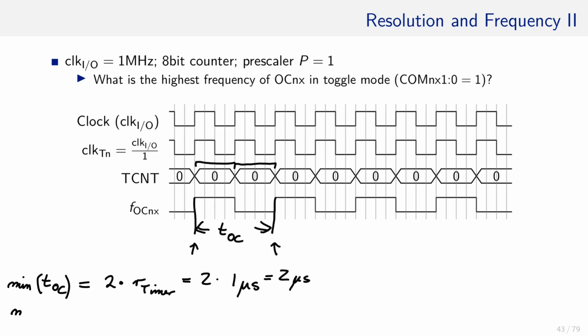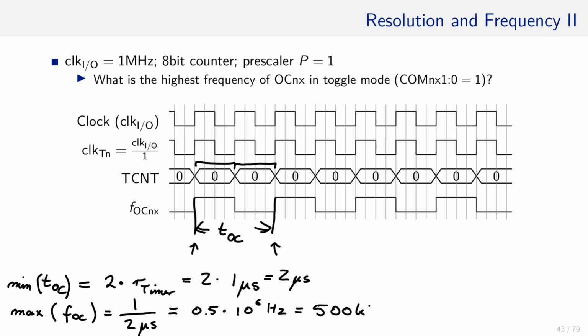Therefore, the maximum frequency of this pin, that is FOC, is equal to 1 divided by the minimum time, that is 2 microseconds, which equals 0.5 into 10 to the power of 6 Hertz, which is 500 kilohertz.